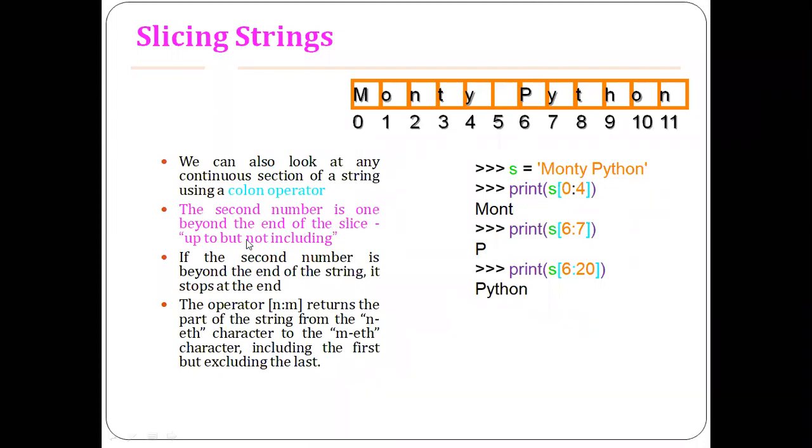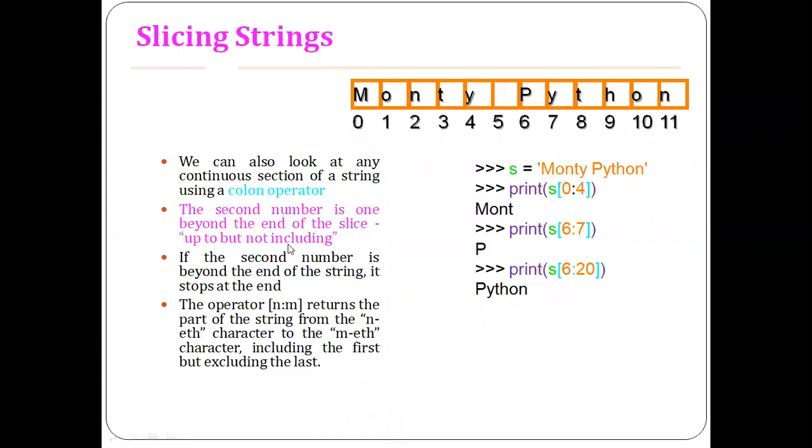The second number is one beyond the end of the slice, up to but not including, right? You can extract the characters beginning from an index up to the given index. If the second number is beyond the end of the string, it stops at the end. One more thing is that, as you already know, if the index goes beyond the string, it actually generates an error message in the normal case. But in slicing, this doesn't happen.